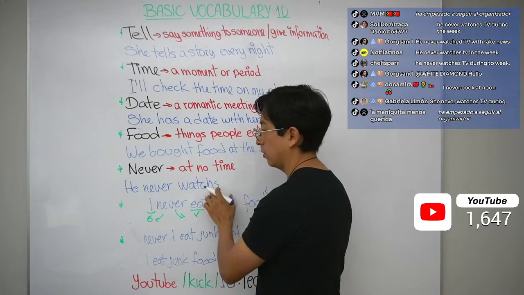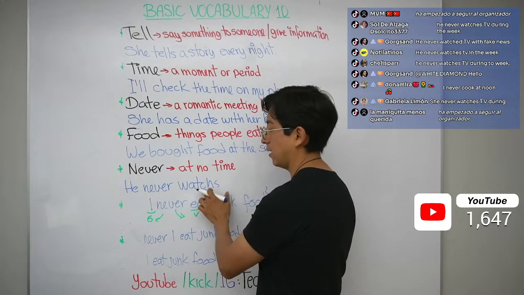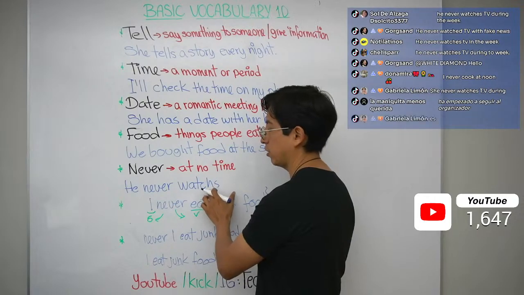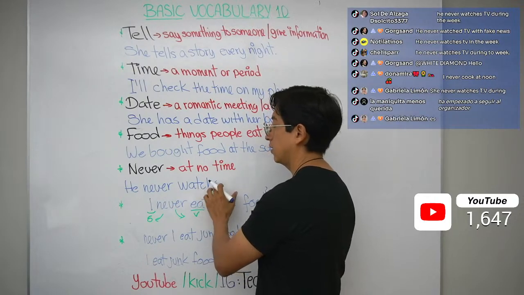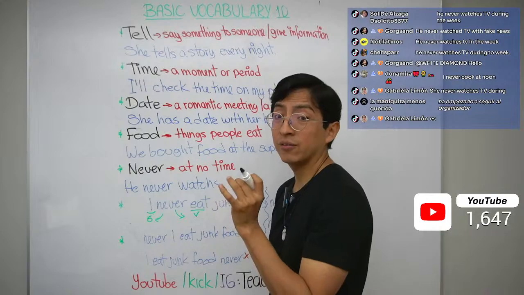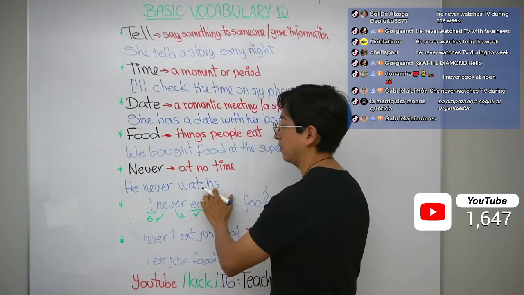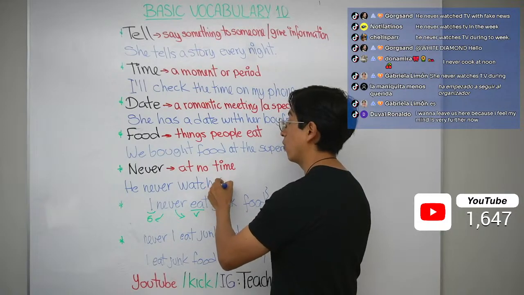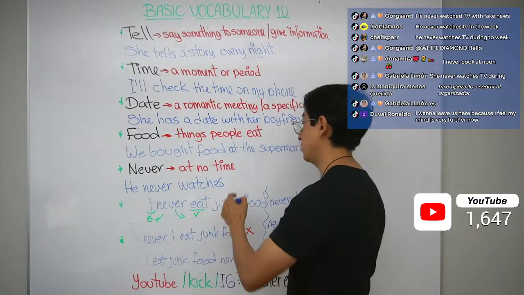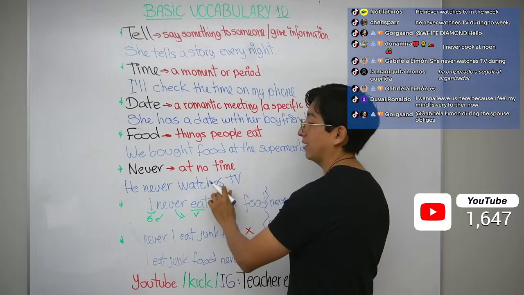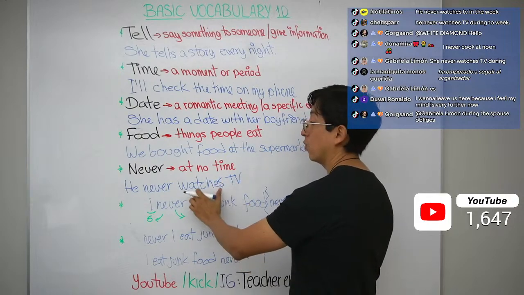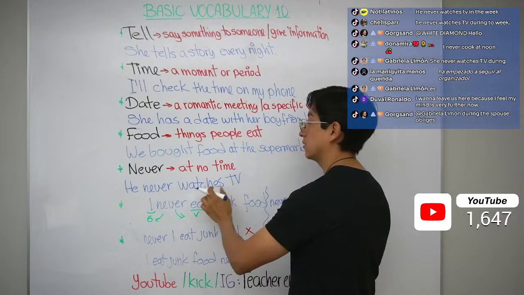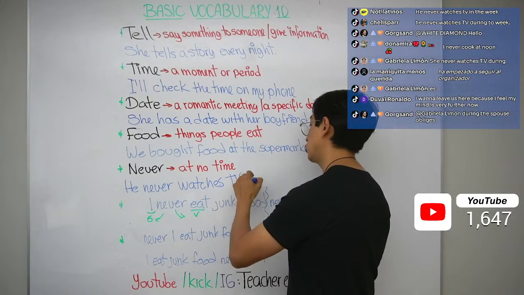Because this has a very special sound, ch. So if there is a verb that ends in ch, we add an extra syllable. Watches. He never watches TV. Extra syllable. Watches, watches, watches. He never watches TV during the week.